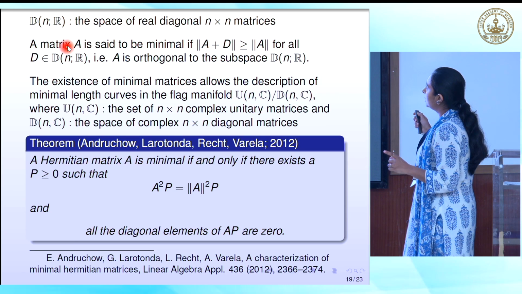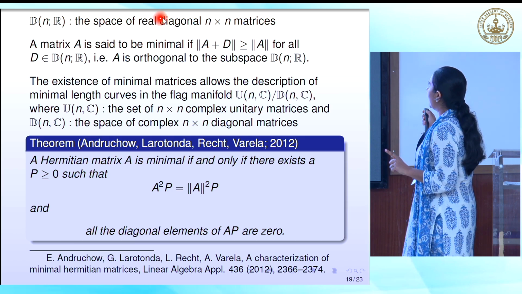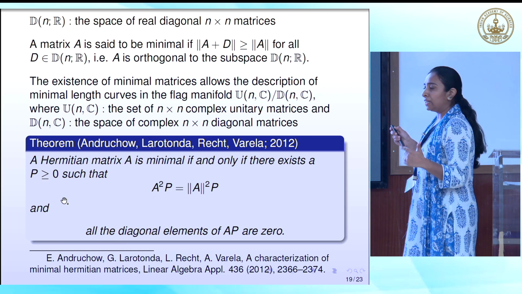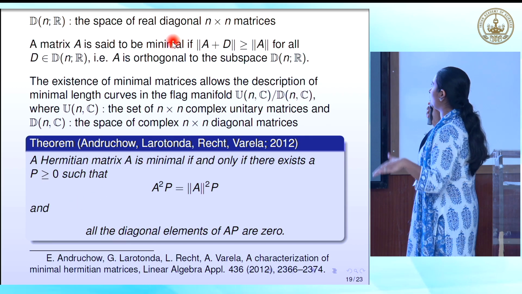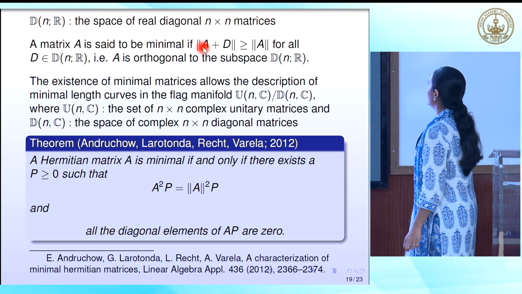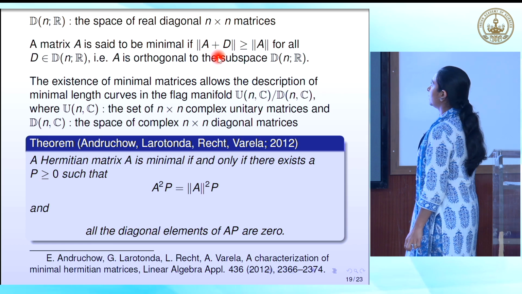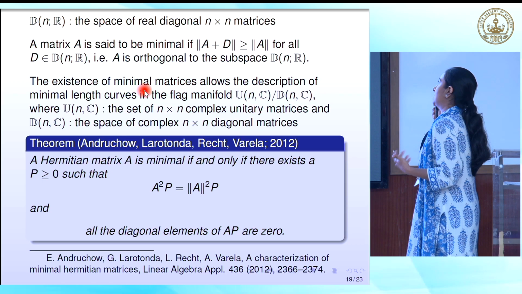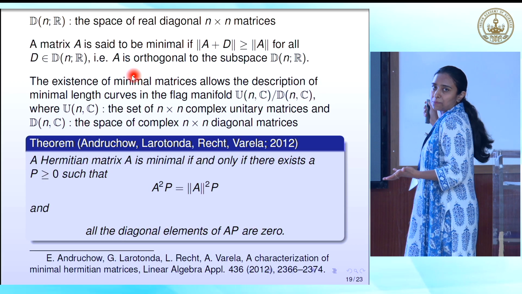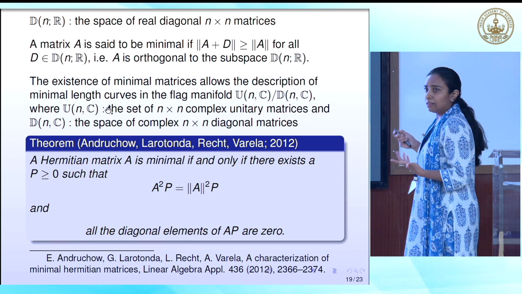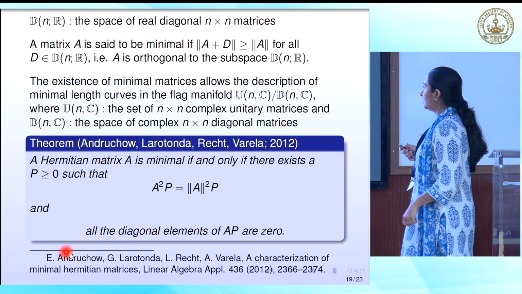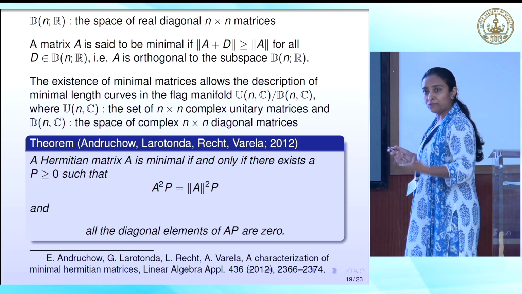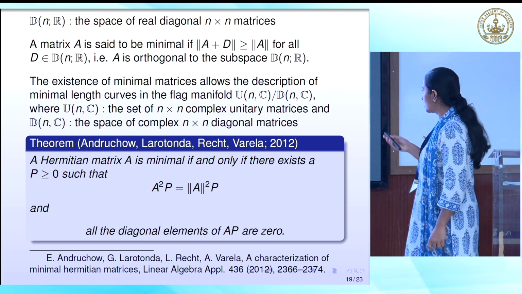So here A should be a Hermitian matrix and D is nothing but the subspace of diagonal matrices. So whenever this relation is true, A is said to be minimal if this condition is satisfied. But in our notation it's nothing but saying that A is orthogonal to the subspace of diagonal matrices. So again this was a result that was done for minimal matrices, but then it looks like a particular case of our result. So that strengthened it.